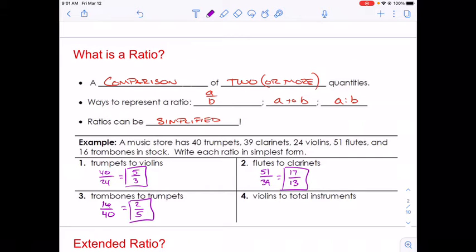And let's see how you did with the violins to total instruments. Violins, we have 24. Now for the total instruments, we have to add up all of our totals. So we add 40 plus 39 plus 24 plus 51 plus 16, and that comes out to 170. So we look to simplify this. We know they're both even, so it can be divided by 2.